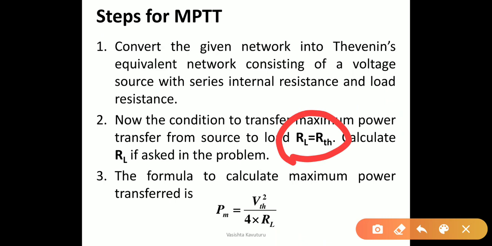This is the way we can calculate the load resistance. Next, to calculate the maximum power transferred from source to load, this is the formula. PM stands for maximum power, which is equal to VTH square by 4 into RL, where VTH is the Thevenin voltage that we calculated from the given network, and RL is the load resistance, which is nothing but the Thevenin resistance.